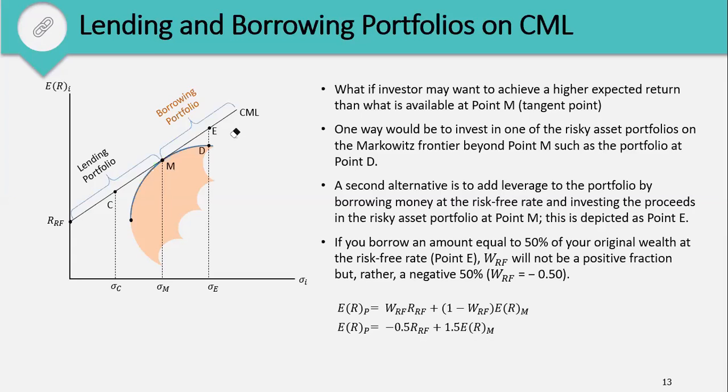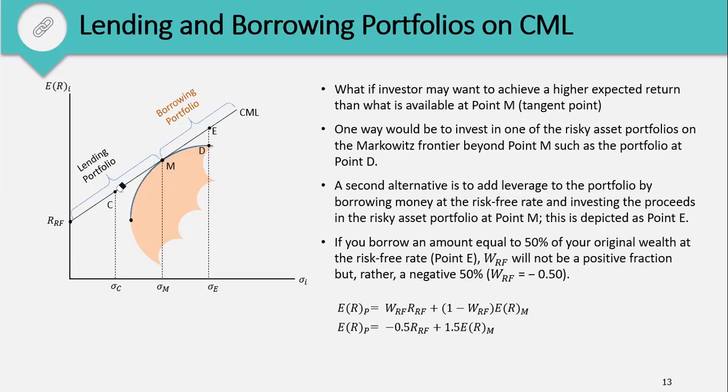So when it comes to the capital market line, we are only investing in the risk-free asset and the market portfolio. The combination will change when you are moving along the line.